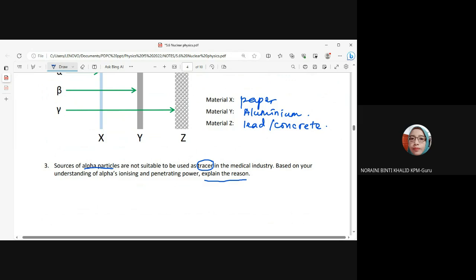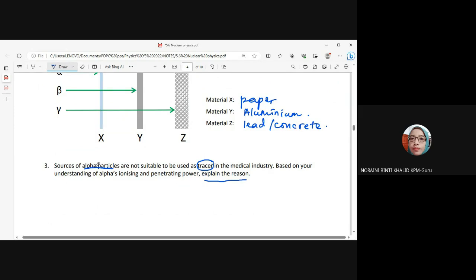mana ada cancer cell. Tapi untuk alpha ni property dia ialah very high ionizing power. Faham tak maksud ionizing? Kalau dia masuk dalam badan you, dia collide dengan you punya sel-sel, dia boleh ionizekan. Bila dia boleh ionize, it's very dangerous sebab dia boleh create new tissue dalam you punya badan.